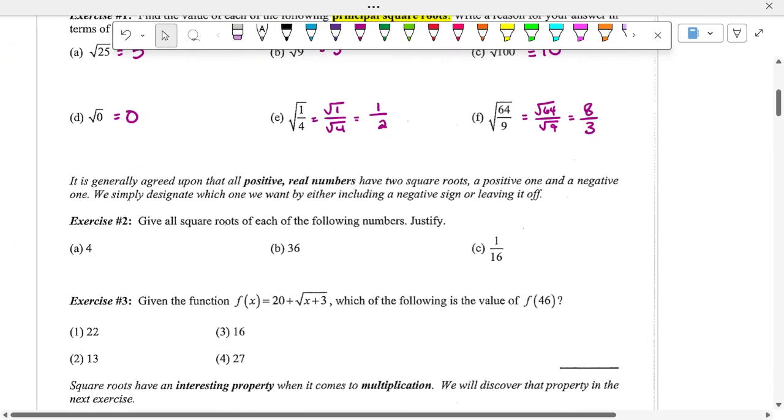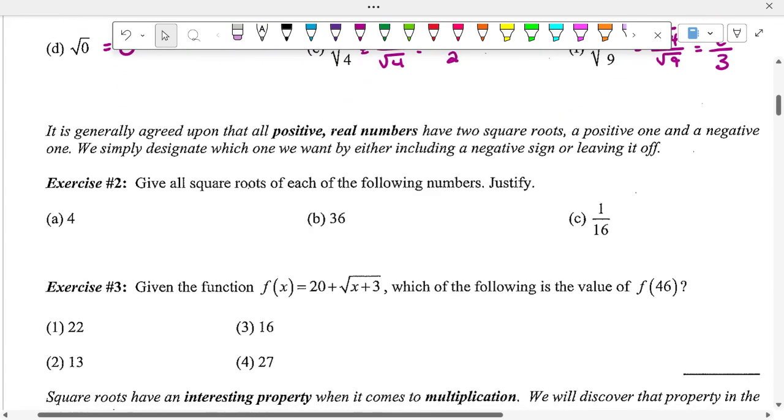Now, there's something else we have to consider when we're doing perfect squares. So far, what you have known is that every square root is positive. If you take a square root of a number, you get a positive number. Is that always true?